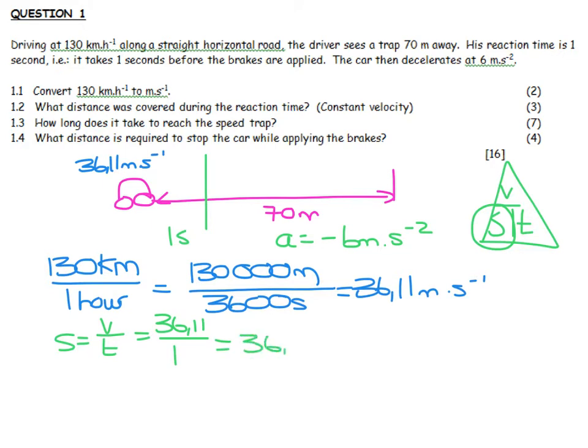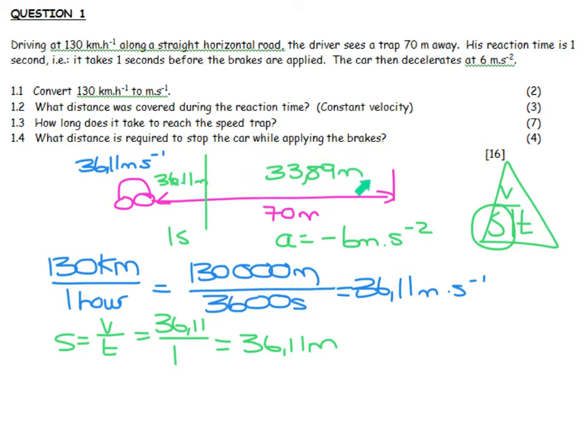So the distance that was covered during the reaction time is 36,11 meters. Meaning that what's left over to cover is going to be 33,89 meters. In other words, it's the 70 meters minus the 36,11.